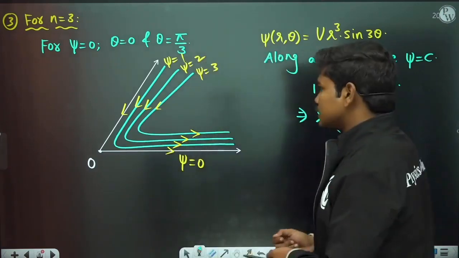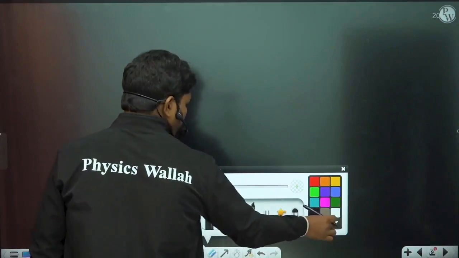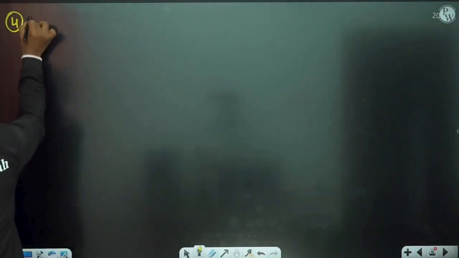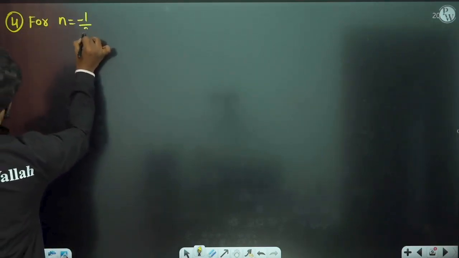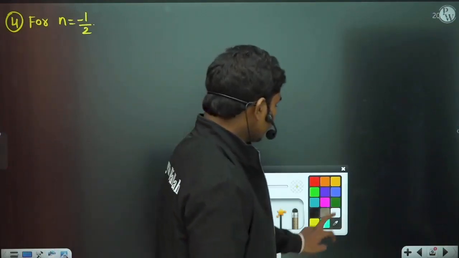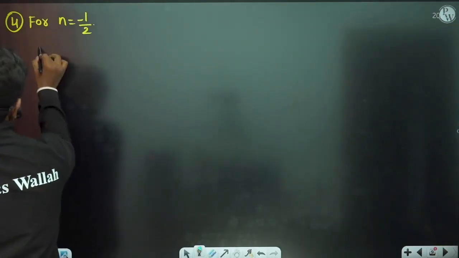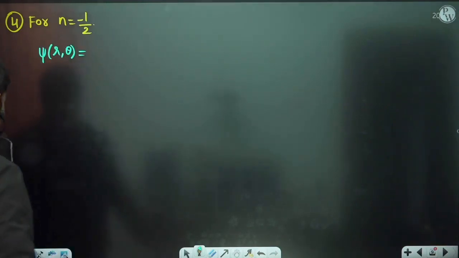Okay, now let us see one more case, two interesting cases actually. For n equal to minus half, this is a very good case. When you put n equal to minus half, your stream function turns out to be psi of r comma theta.